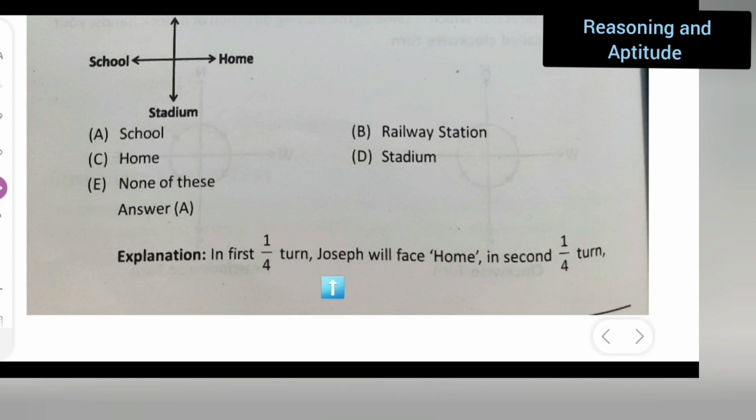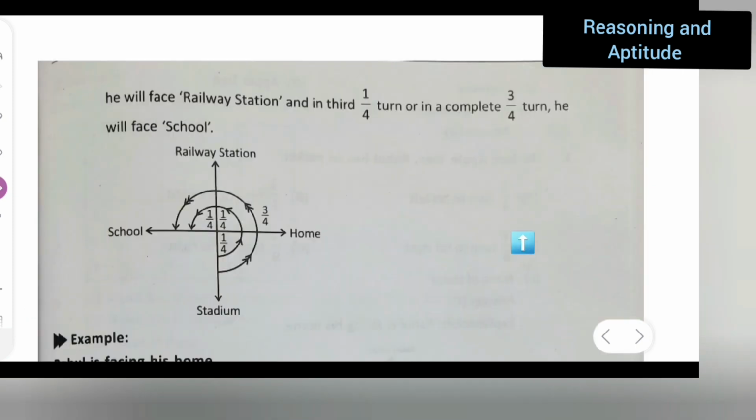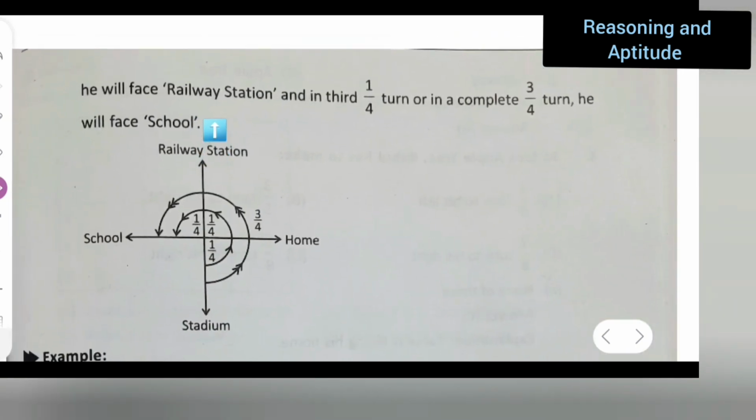In the first 1/4 turn, Joseph will face home, right? In the second 1/4 turn, he will face the railway station, and in the complete 3/4 turn, he will face towards the school.